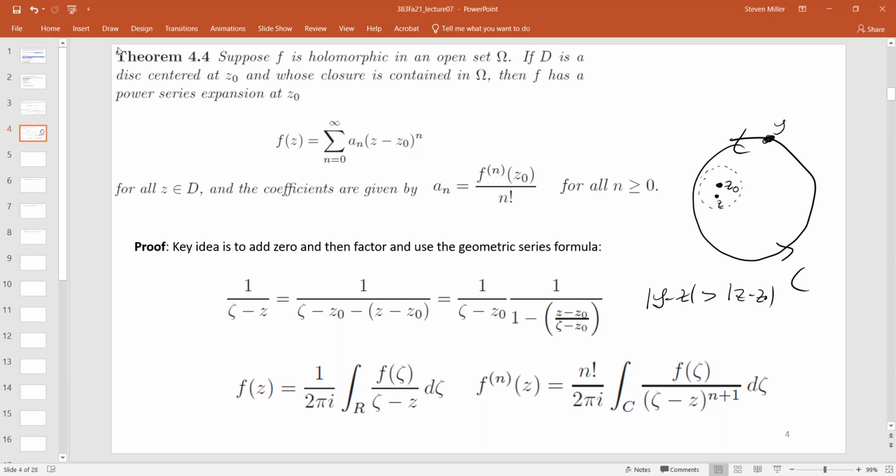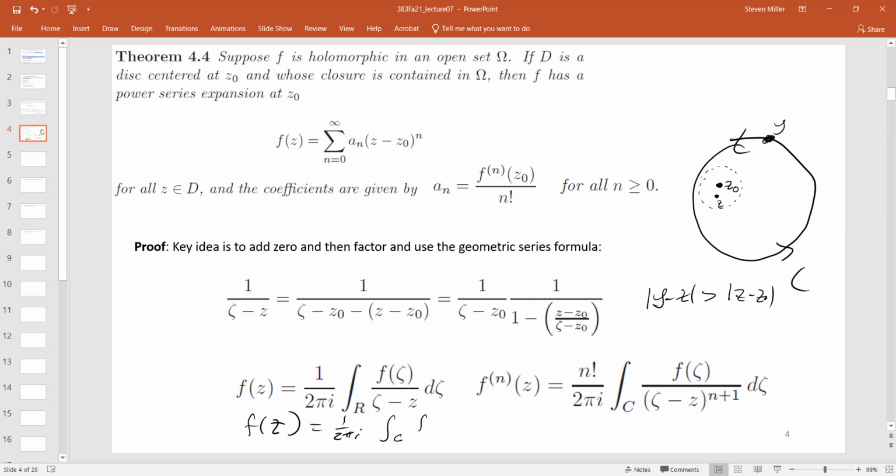And when we expand this out, we'll just get z minus z naught over zeta minus z naught to higher and higher powers. And when we look at this, it's going to now look very similar to this, except what we'll have is f of z is 1 over 2 pi i, the integral, I'm not sure why they say i over there, we're using c, we'll say c.